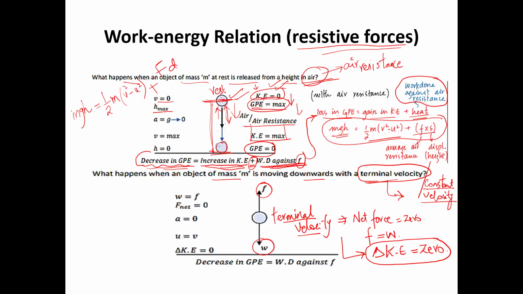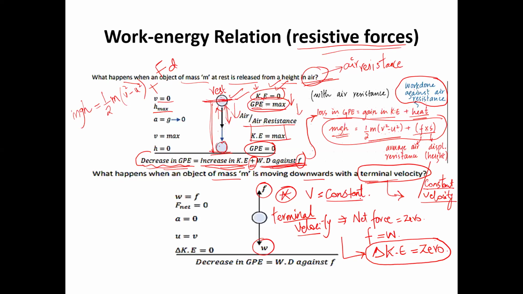There is no change in the kinetic energy because velocity is constant. Half m v squared will remain half m v squared at every point.